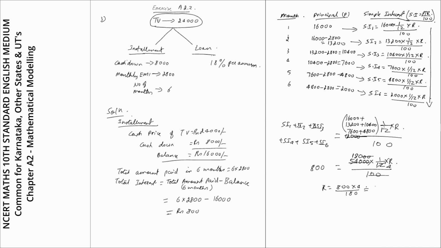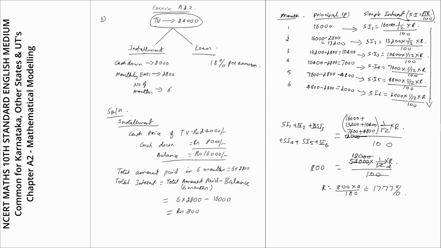So this I'll get as 17.77 percent. So if Ali goes for the installment scheme, then the rate of interest is 17.77 percent. But if he goes for the loan, it is 18 percent.